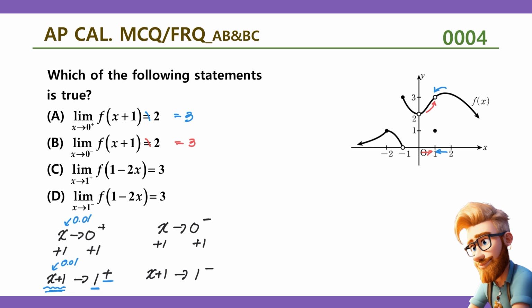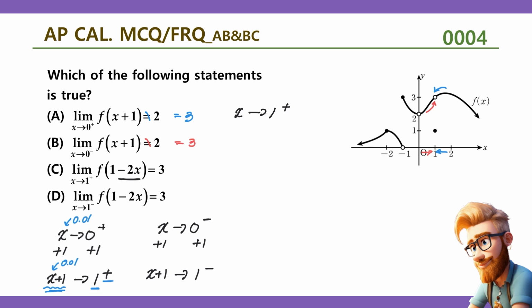This time we have limit as x approaches 1 from right-hand side. What does f of 1 minus 2x approach to? Okay, so x approaches 1 from right-hand side. Here we have minus 2x, right?